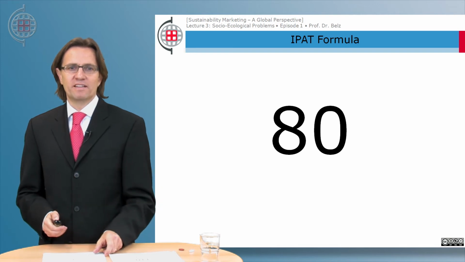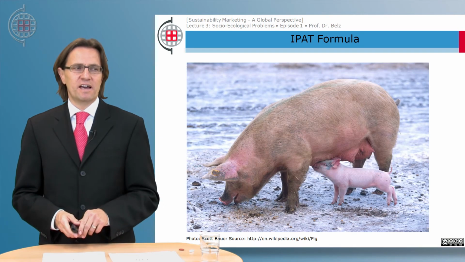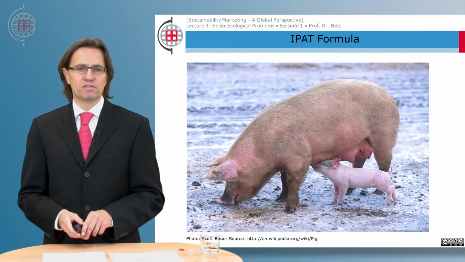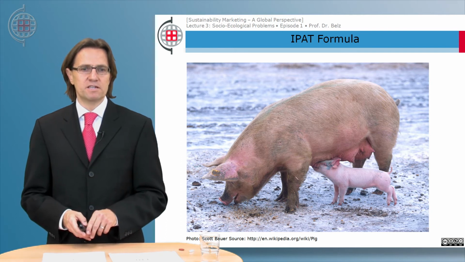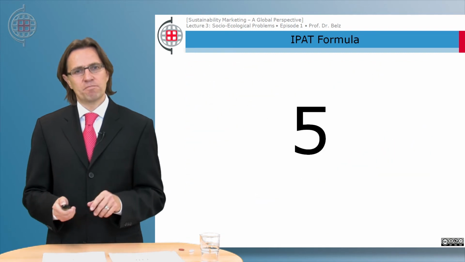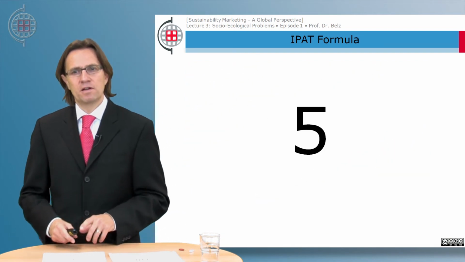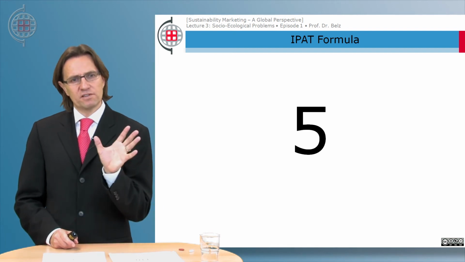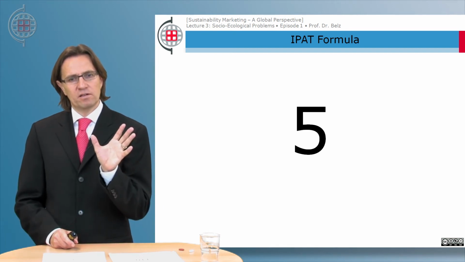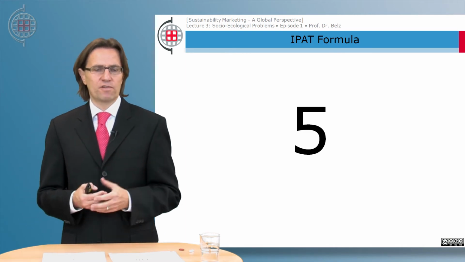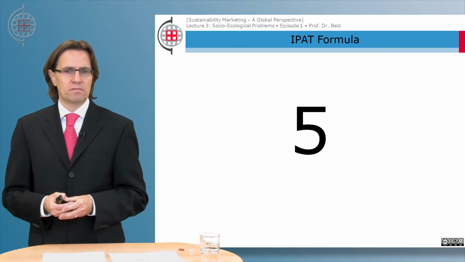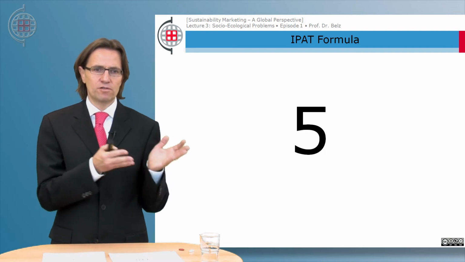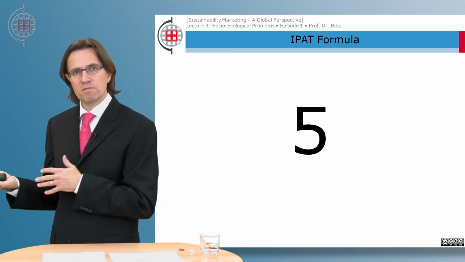Well, this is the annual meat consumption per capita and year in Germany, as compared to 5 kilograms meat consumption in India. You can see from these numbers, well, there are differences of consumption worldwide. Obviously, some consume more and others consume less.